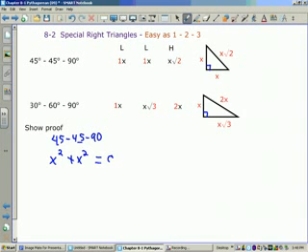And that's going to equal something else, c squared. So if I add these together, I have 2 of them. And I want to know what the length of the hypotenuse is. I'm going to take the square root of both sides. So I get x roots of 2 equals the hypotenuse. So that's how we get this number, x roots of 2.